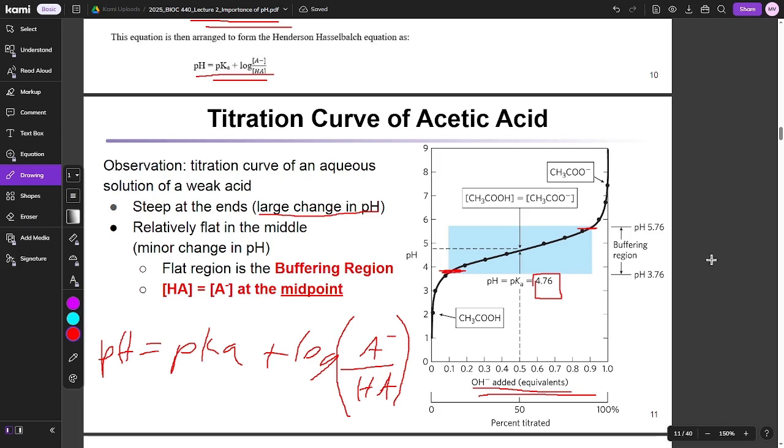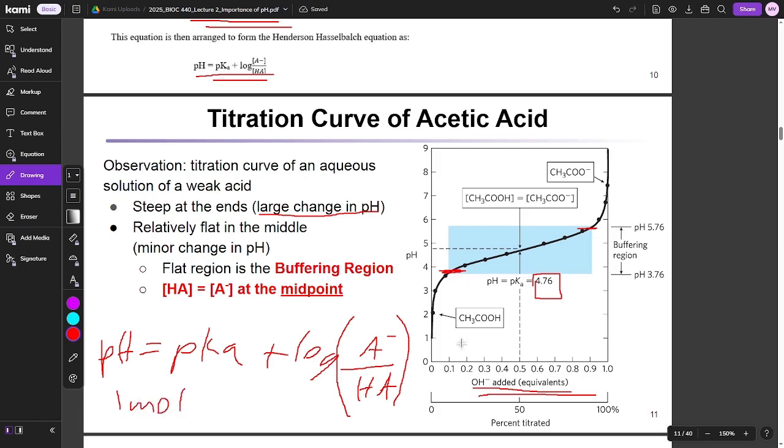For this, what we should note is that if we just have purely acid, so we start here with zero equivalents, we just have this CH3COOH. Let's just say that we have 1 mole of this acid.